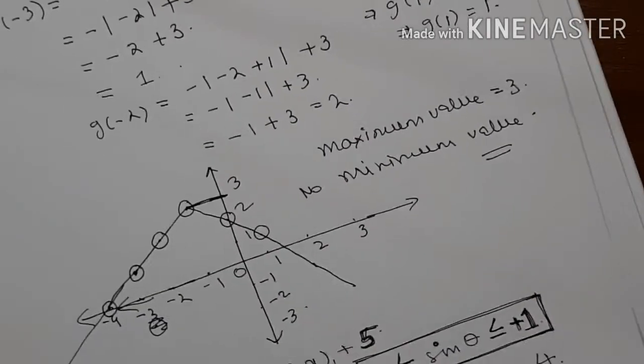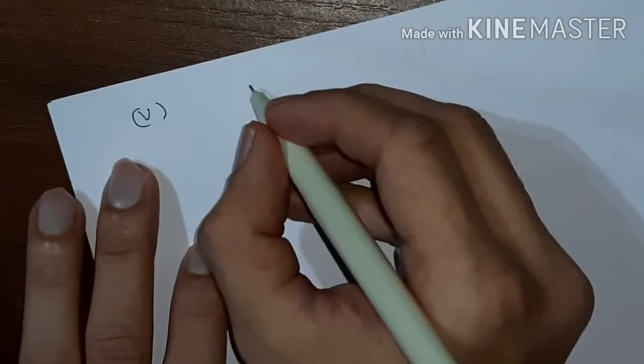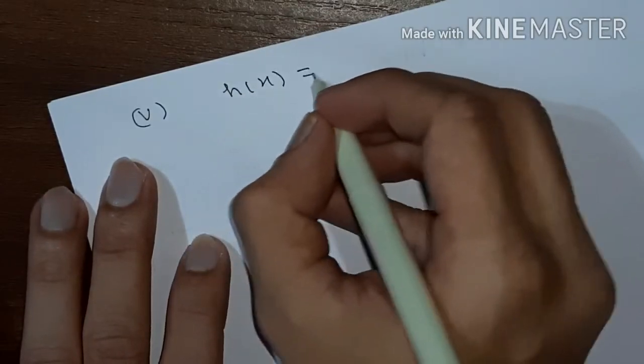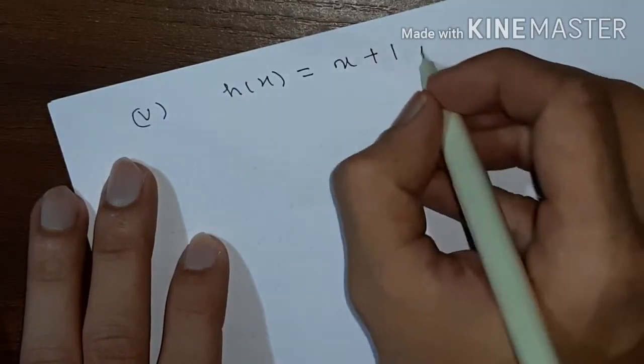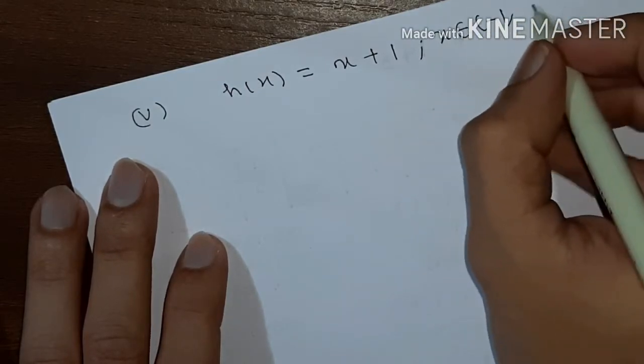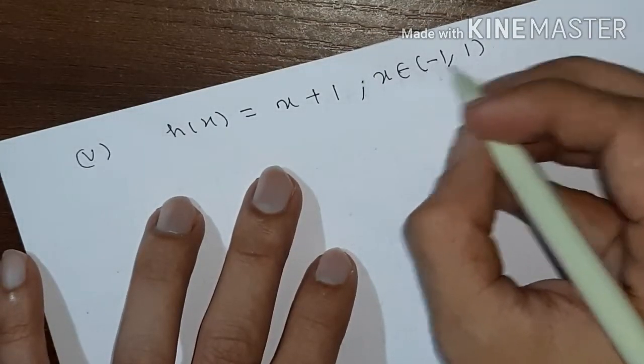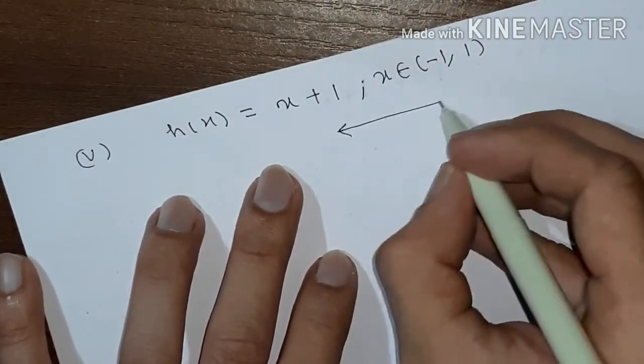Okay, now let us look at the fifth problem of the second. Now, h of x equal to x plus 1, when x belongs to the open interval -1 to 1. What is the meaning of that?